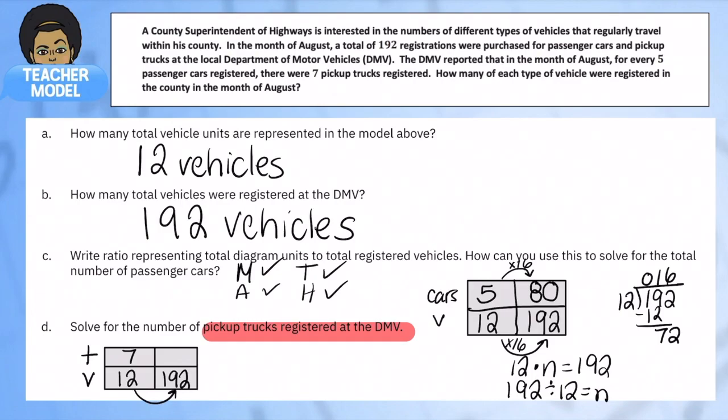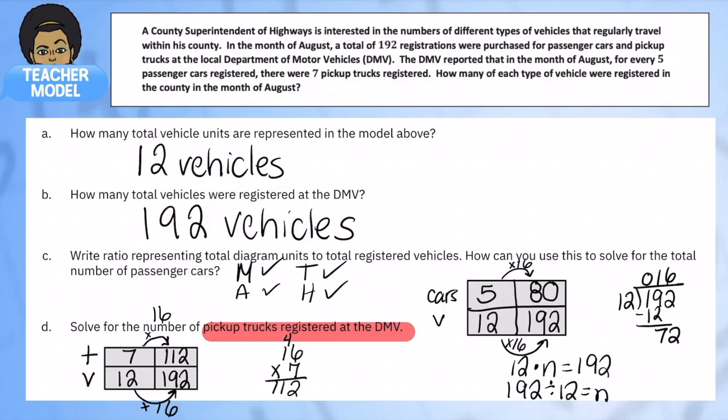We already did this work, Math Marbles. We know we would multiply by 16. So we're going to do the same thing with 7. We're going to multiply it by 16. 7 times 6 is 42. 7 times 1 is 7, plus 4 is 11, that's 112.